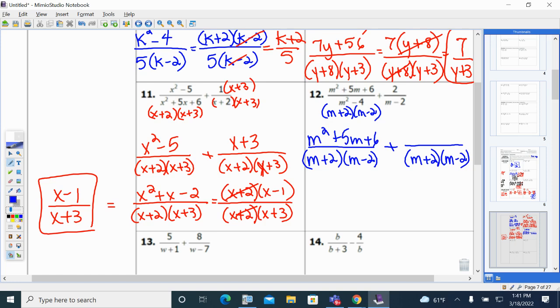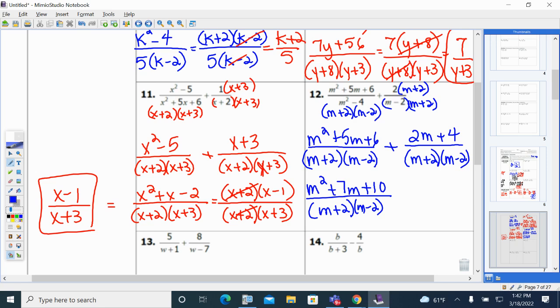On the second fraction, I need to multiply by an m plus 2 in the denominator. So again, do the same thing in the numerator, and you get the 2m plus 4. We're going to add the numerators. Combining my like terms, I get m squared plus 7m plus 10 over m plus 2, m minus 2.